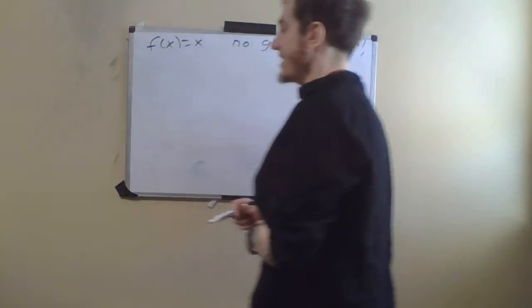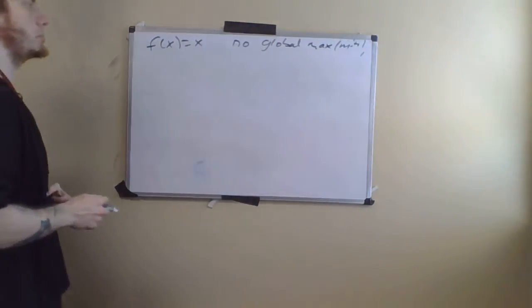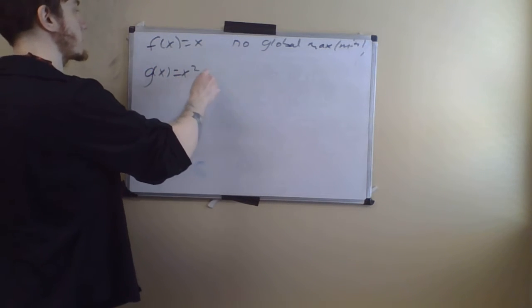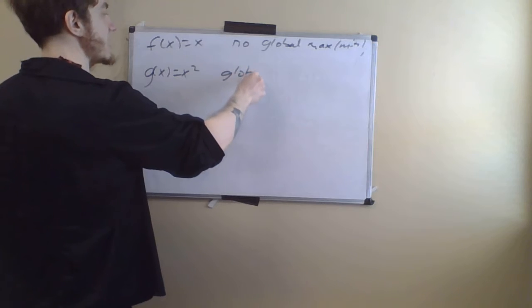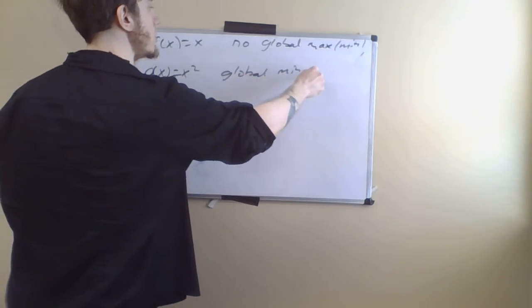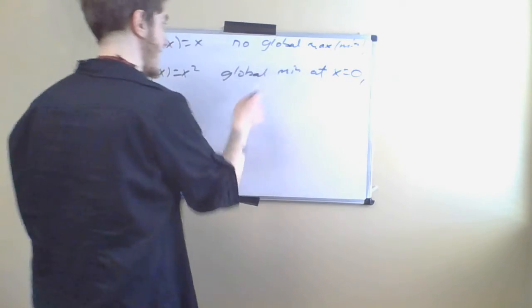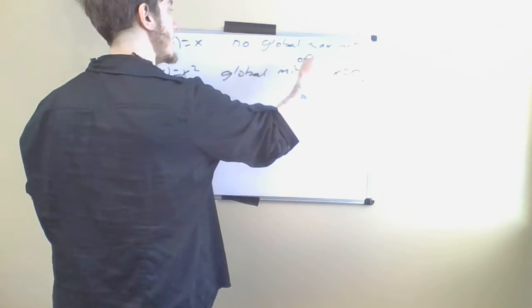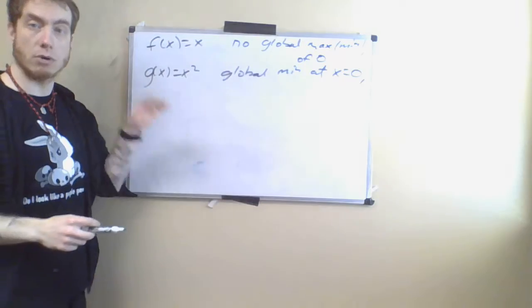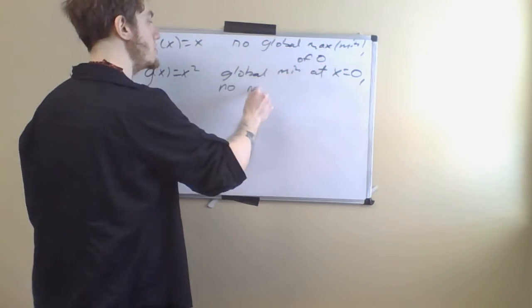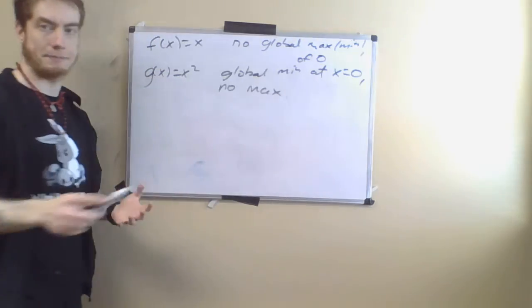Here's an example that has a global minimum, but no global maximum. So g of x equals x squared. This is going to have a global minimum at x equals 0, and the global minimum itself is 0 because the smallest value it takes on is 0, but it has no global maximum.